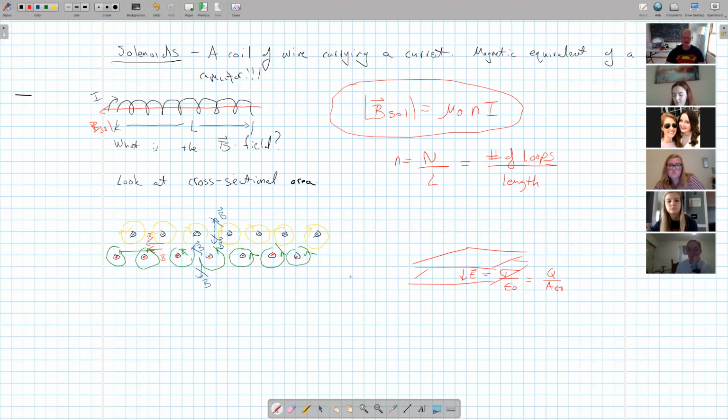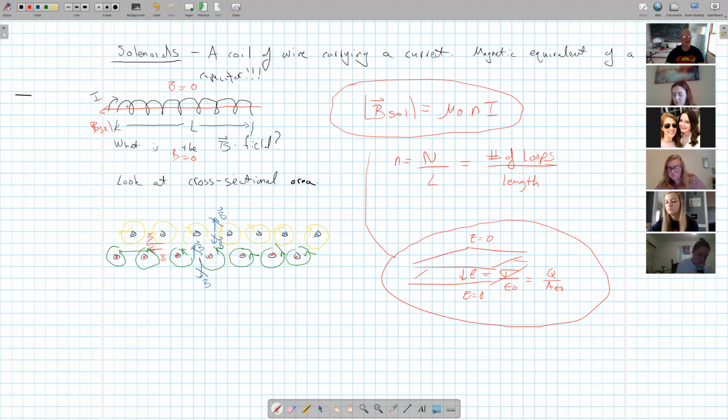We'll talk more about solenoids in the next chapter and see why they're more equivalent to the capacitor, but we can see right now they're very similar in that the field is a constant and only points in one particular direction. As long as this thing is infinite in length, the magnetic field of the solenoid on the exterior will be equal to 0, just like the electric field was equal to 0 on the exterior.